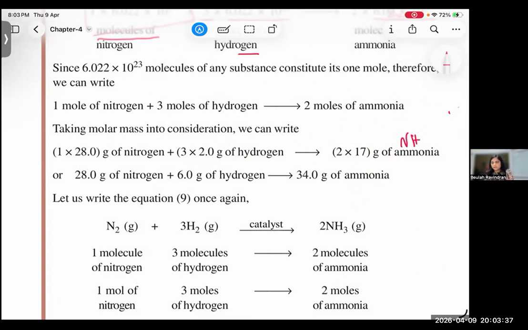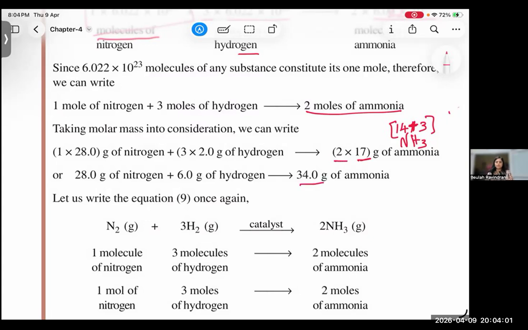If you combine 1 mole of nitrogen and 3 moles of hydrogen, that's 2 moles of ammonia. The mass number of nitrogen is 14, and the mass number of H3 is 3, since H is 1 for 3 hydrogens. So 14 plus 3 is 17. There are 2 moles of ammonia, so 2 × 17.